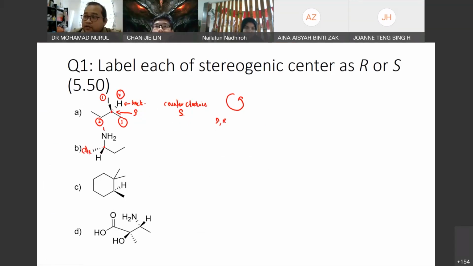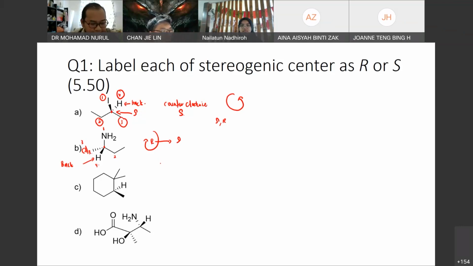This one is number one because it's nitrogen. This one is number two because it's carbon. This one is number three. So this one is number four. It is clockwise. But you have to remember this one should be at the back. You will get the R configuration, but you have to change it to S.